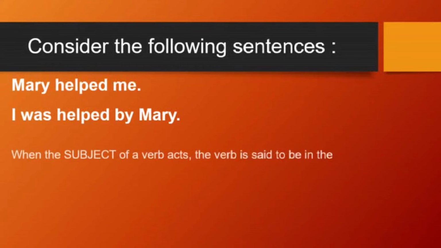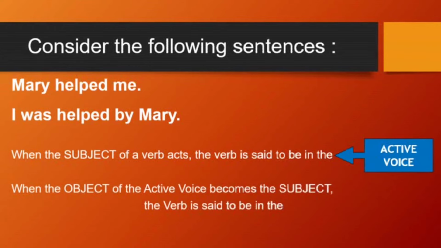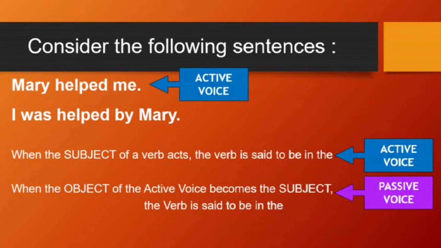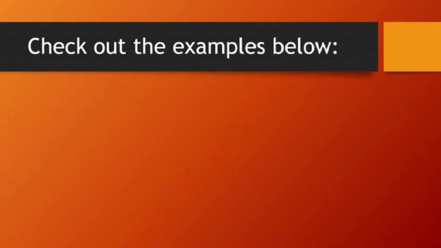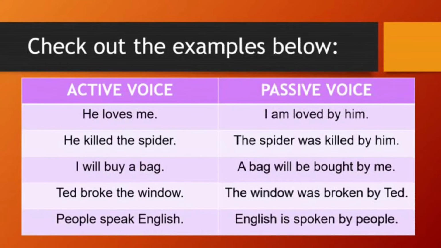I am helped. So when the subject of a verb acts, the verb is said to be in the active voice. When the object of the active voice becomes the subject, the verb is said to be in the passive voice. So the sentence, Mary helped me, is in active voice, and the sentence, I was helped by Mary, is in passive voice.